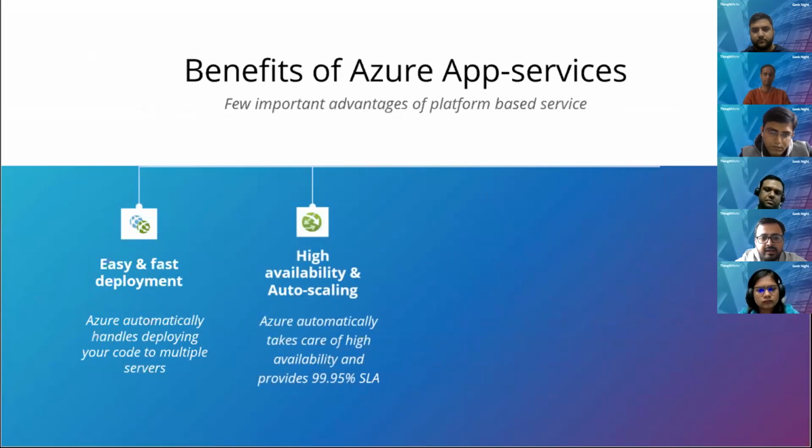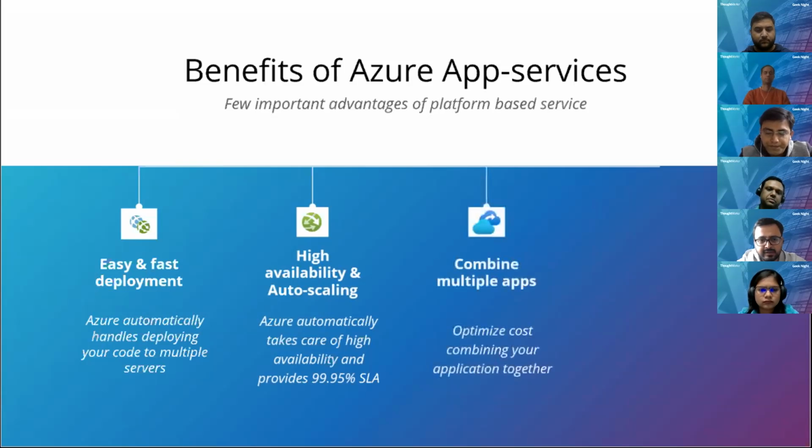Moreover, the auto scaling feature of App Services ensures very high availability. So Azure provides an SLA of 99.95% from a reliability perspective. Even using Azure App Services, you can combine multiple apps, which will help you to optimize cost.